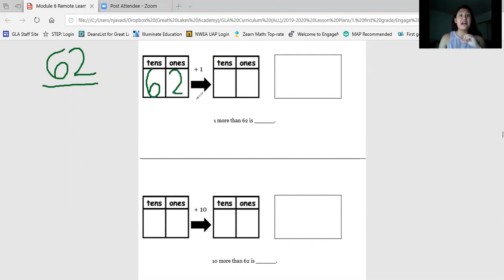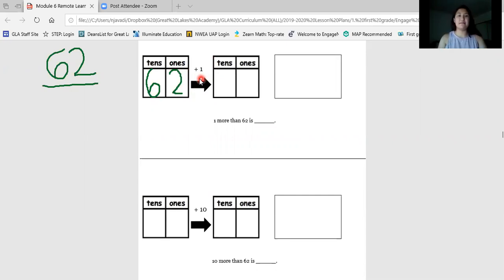Now for the arrow way, it's really important that the number that we're adding or subtracting goes on top of the arrow, just like we have it here. So on top of our arrow right here, we see plus 1. What do we see on top of the arrow? Shout it out. We see?